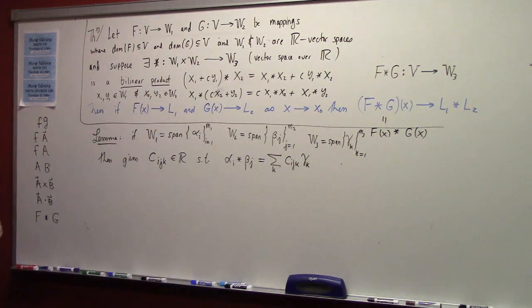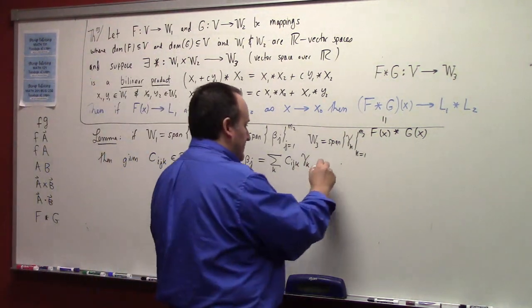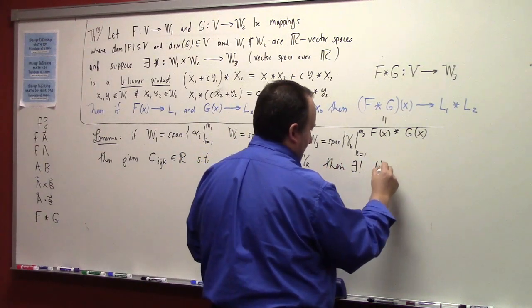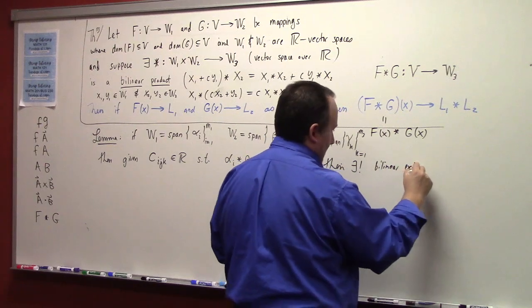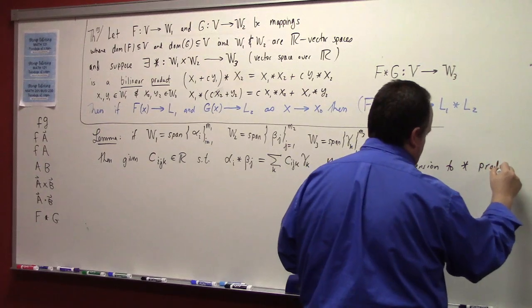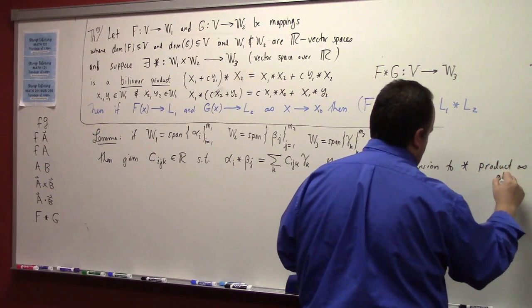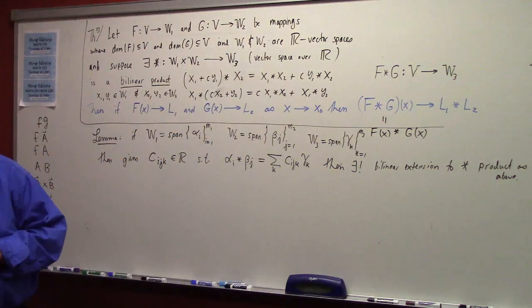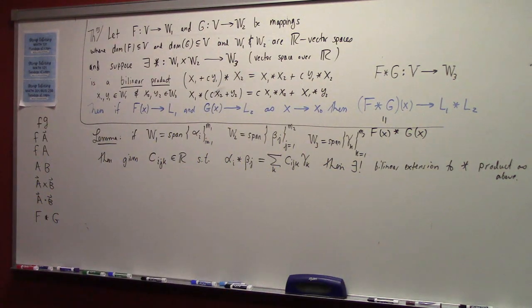If you give me constants that specify the multiplication on the basis, then there exists a unique bilinear extension to the star product as described above. All right, but more concretely, this gives me a formula.